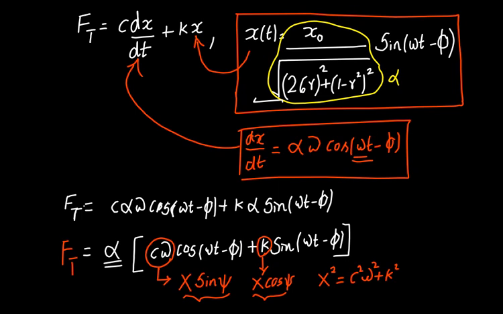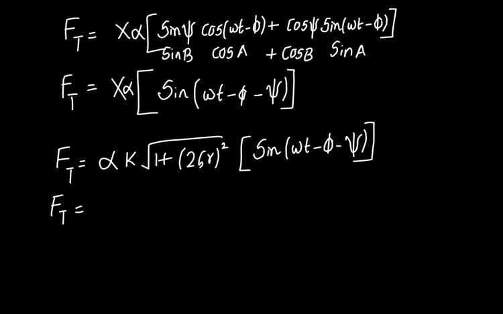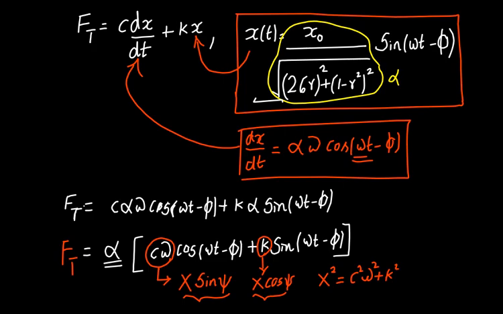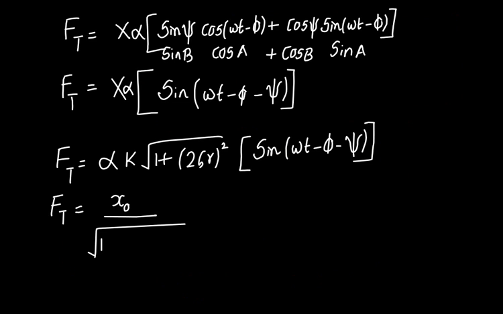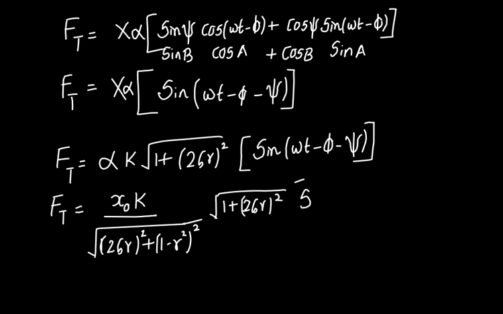It is x naught over square root of 2 zeta r the whole square plus 1 minus r square the whole square, into k into square root of 1 plus 2 zeta r the whole square into sine omega t minus phi minus sine.